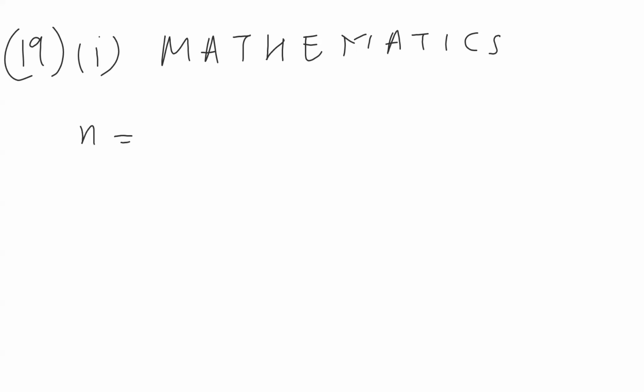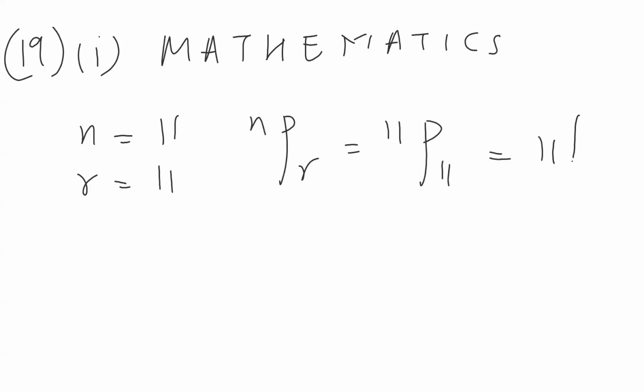The word is mathematics. They're asking the number of arrangements without any condition. And n is the total number of objects, 11. For 11 objects, 11 places are there, 11P11, 11 factorial.